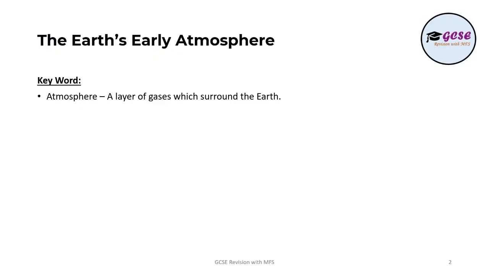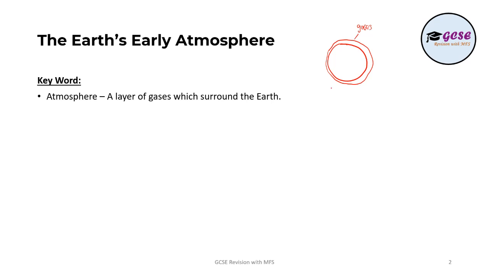So the key word here is atmosphere. You need to know what the atmosphere actually means, and it's really simple. The atmosphere is a thin layer which surrounds the Earth, and it's a layer of gases. If we have the Earth over here, we have an extremely thin layer around the Earth which contains gases.